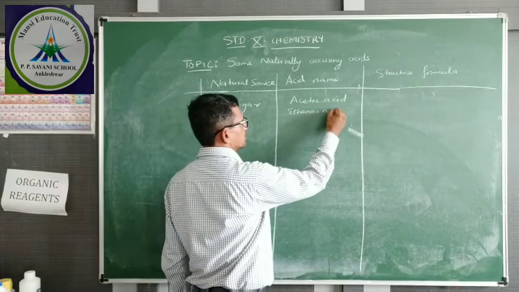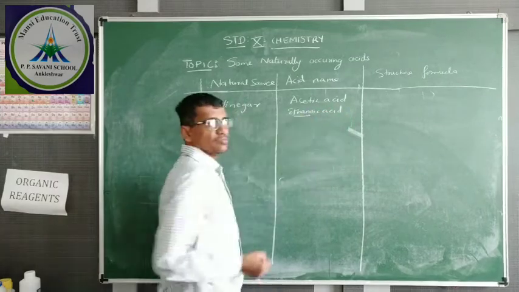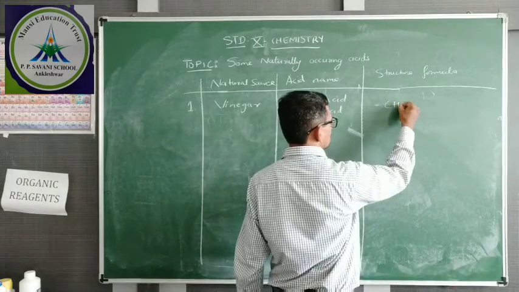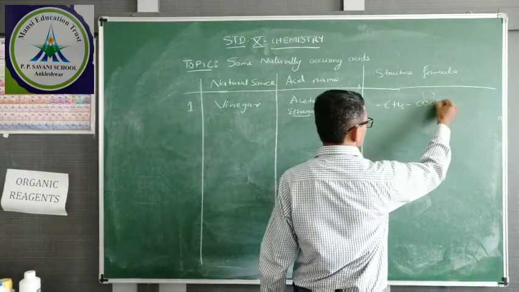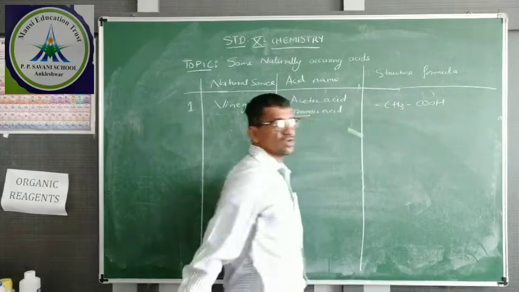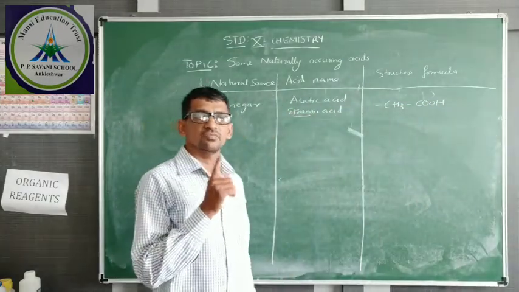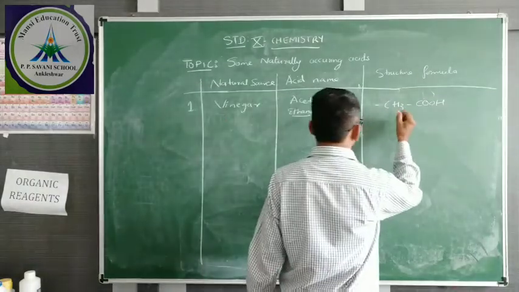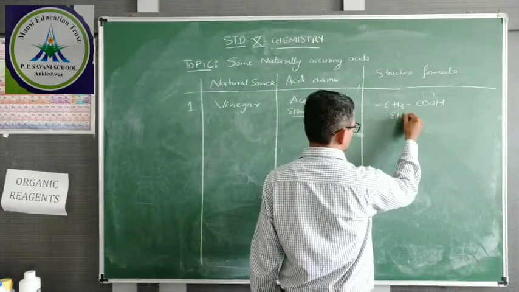Ethane means 2 carbons. I am drawing the structure: the first carbon is CH3 and the last carbon is COOH. Methane means 1 carbon and ethane means 2 carbon, so it is a 2 carbon acid, known as ethanoic acid.